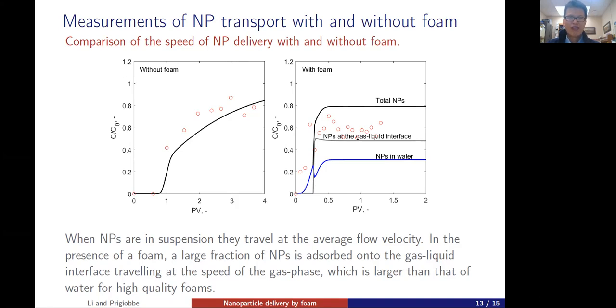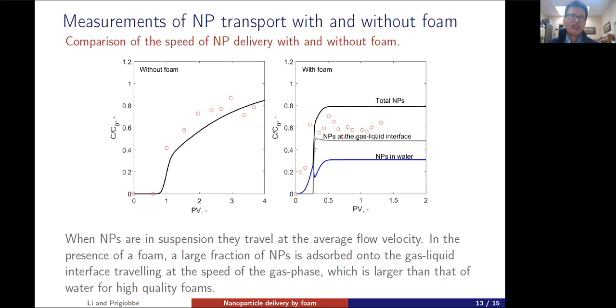In the presence of foam, they break through much earlier instead, and a large fraction of nanoparticles is adsorbed onto the gas-liquid interface, traveling at the speed of the gas phase, which is larger than that of water for high foam quality foams.